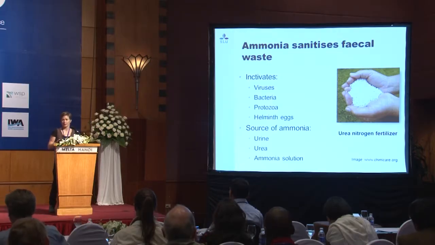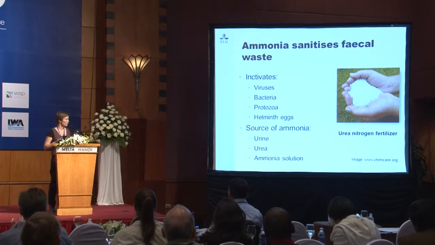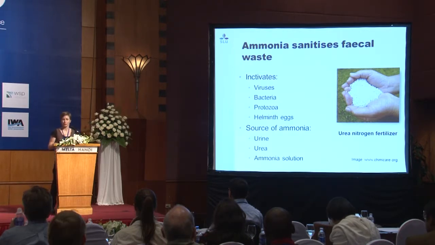And the source of ammonia can be the urine, or it can be added as urea, which is the most common nitrogen fertilizer globally, or it can be added as ammonia solution.